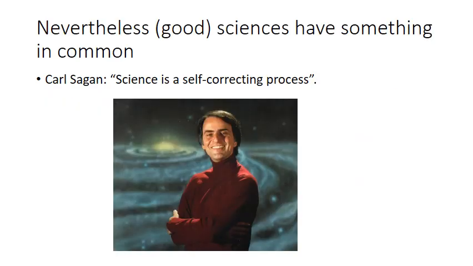So both kinds of sciences differ in important respects. And according to some, talking about something like the human or the social sciences is an oxymoron. It's like a contradiction in terms, because we can never gain scientific knowledge about these domains.